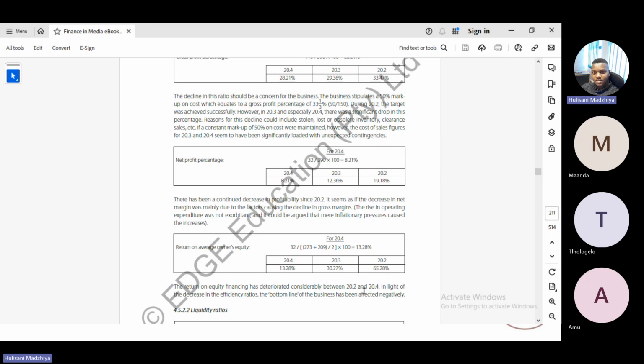So this means that the investors might actually pull off. They might sell the company's shares and pull off, because this company is declining, which means sooner or later they are going to start suffering losses. So before they suffer losses, they might sell their shares and therefore run away from the company.